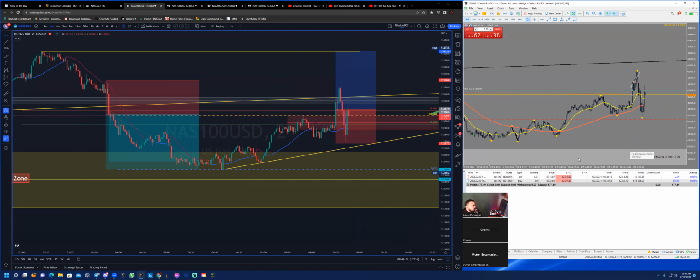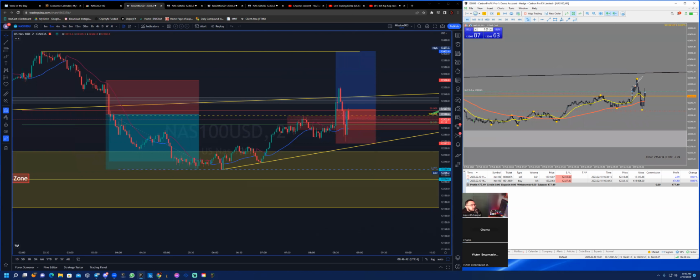And in this particular account, 50 points is less than 1%. It's less than 0.5% actually. So it's always about percentages. That's why I'm using the lot size that I'm using. The account size determines the lot size per trade.